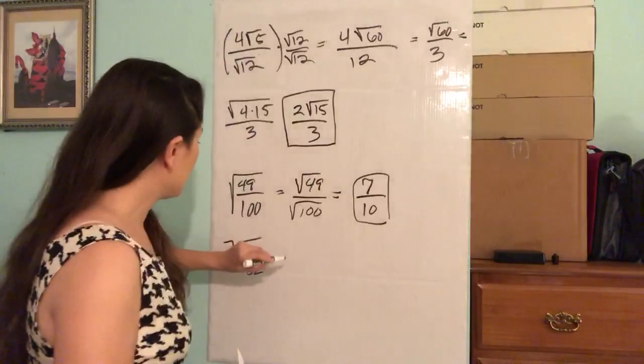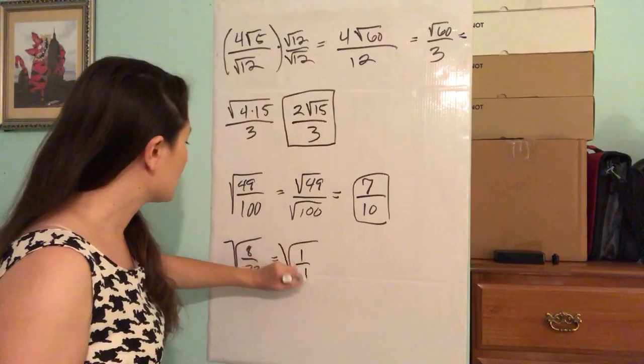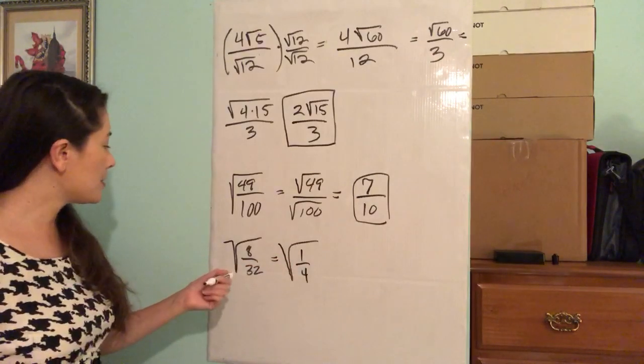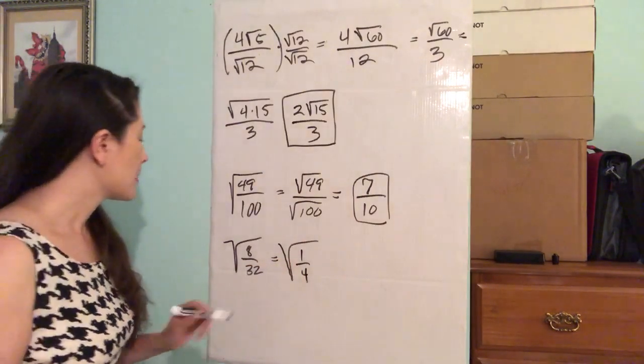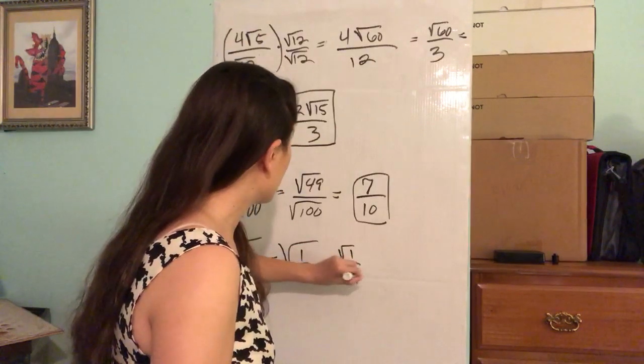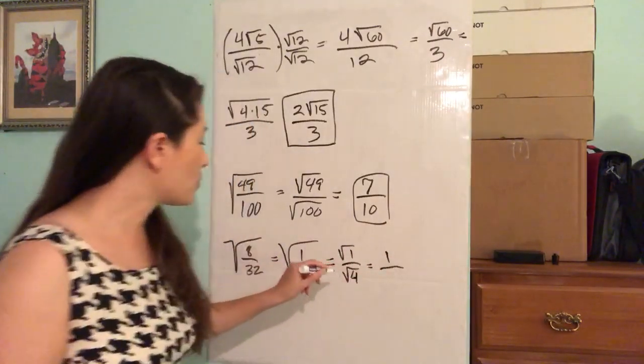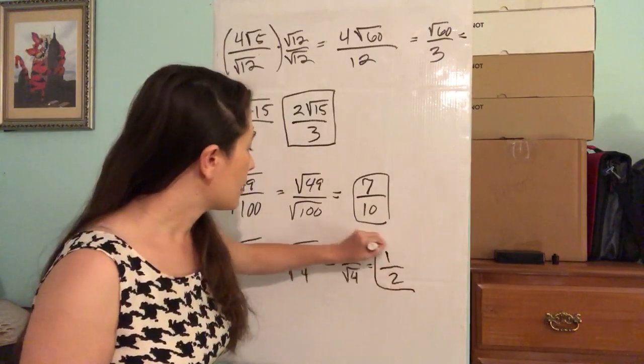So this can be simplified into 1 over 4, right? Because 32 divided by 8 is 4. Okay, so we've got square root of 1 over square root of 4. The square root of 1 is 1. Square root of 4 is 2. So your answer is 1/2.